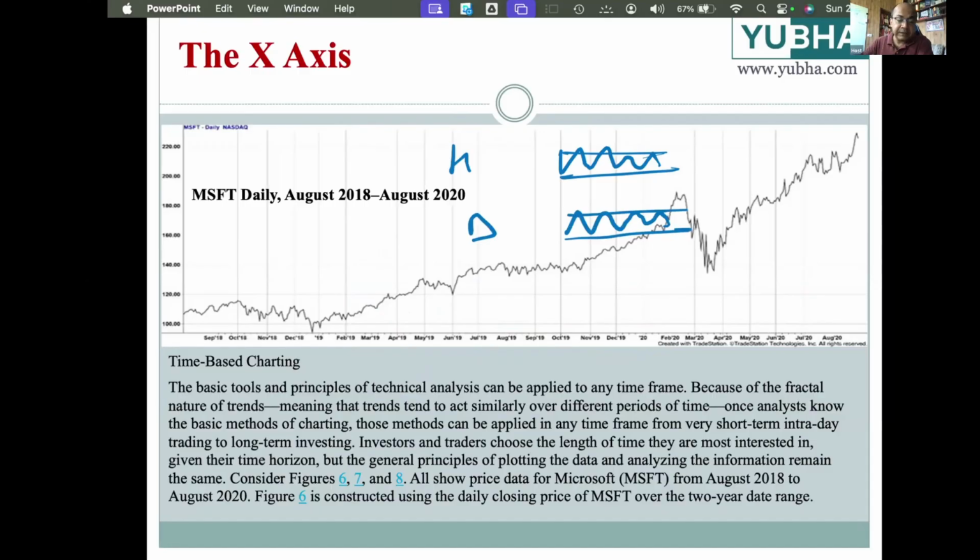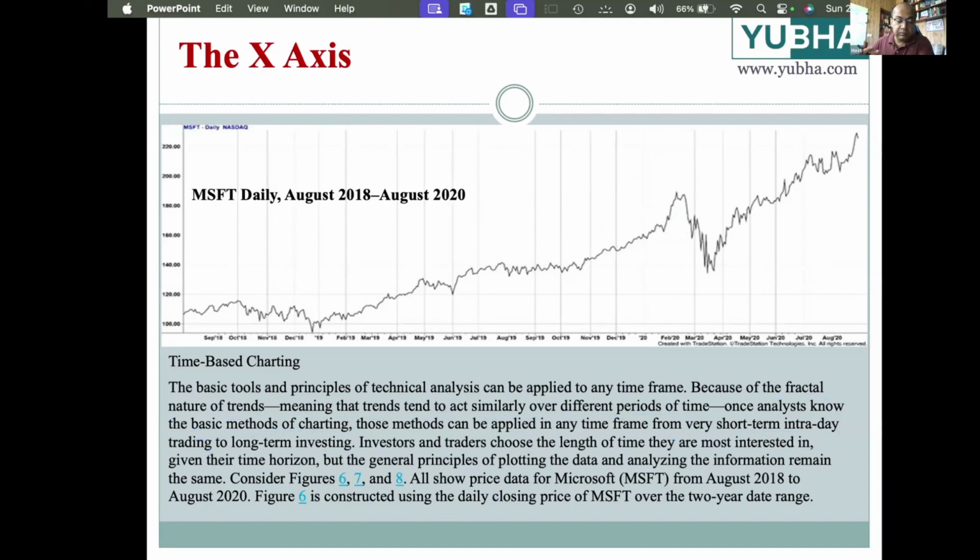So the key is that because the nature of the charts is fractal, whether you're using a daily, hourly, weekly, monthly, whatever chart time period, as long as you know the basic methods of charting, you can apply the same tools on very short term trading as well as very long term trading, or even in terms of investing.